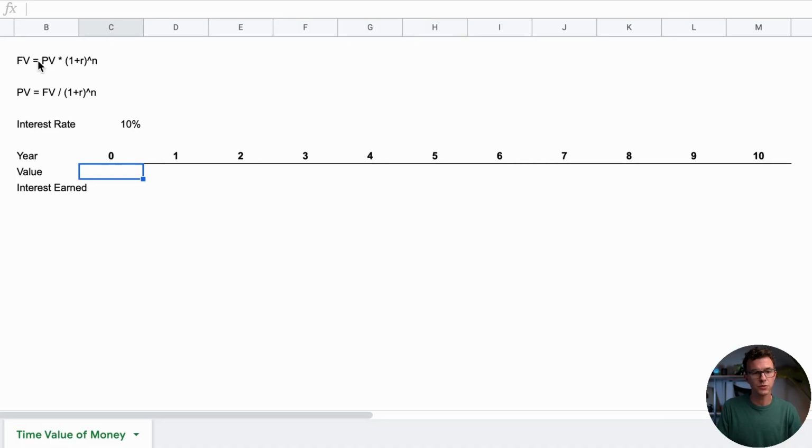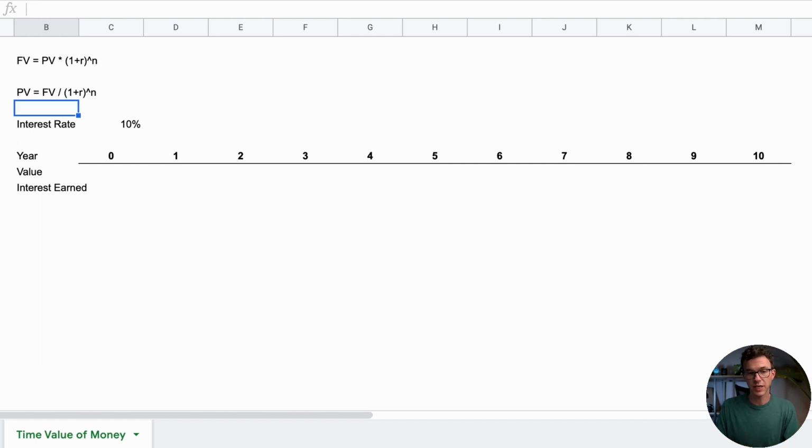Here are the two well-known calculations. The future value equals the present value times 1 plus the interest rate to the nth power, which is the number of years. And for the present value, if you have a future value and you want to know what it's worth today, you take the future value and divide it by 1 plus the interest rate to the nth power.